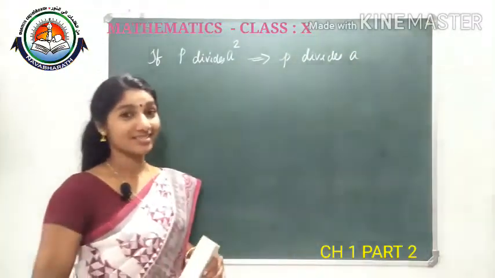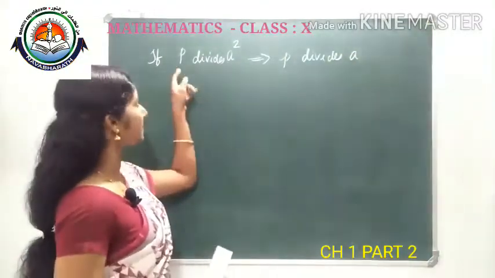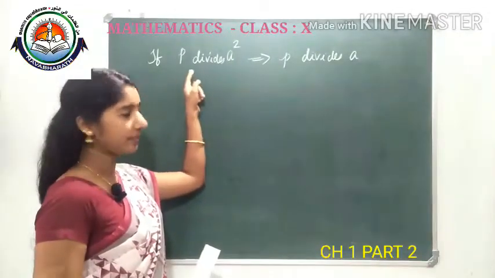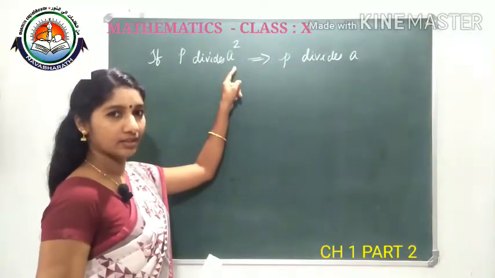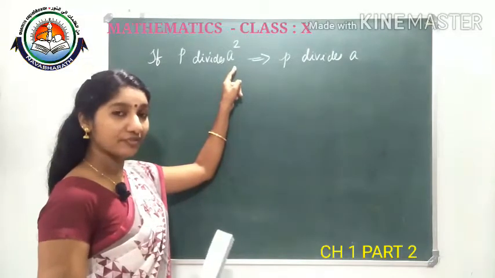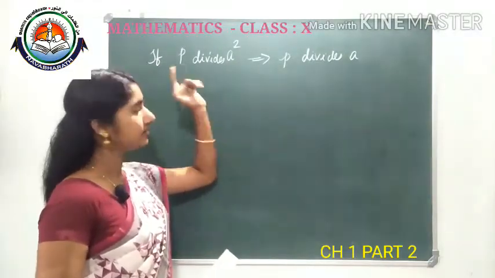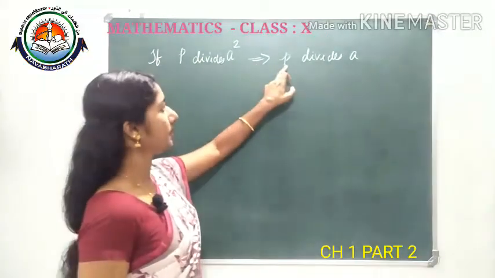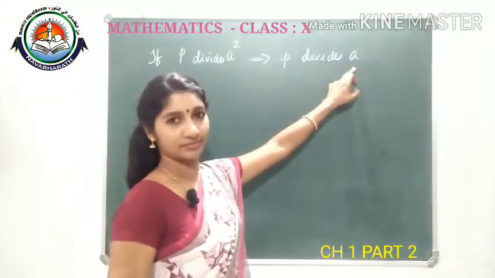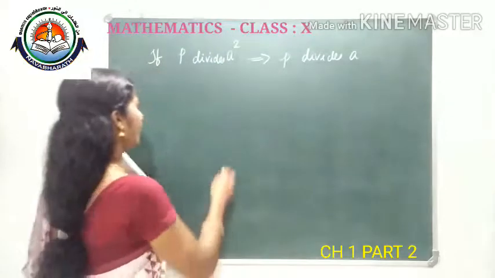What does the theorem say? If p is a prime number and it divides a square number a square, then it is sure that p divides a. Let us check with one example.